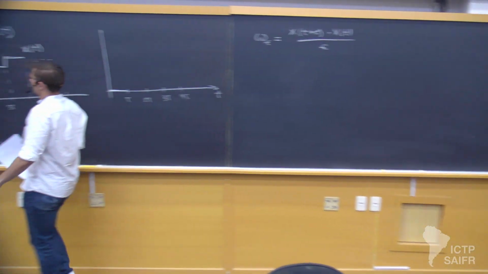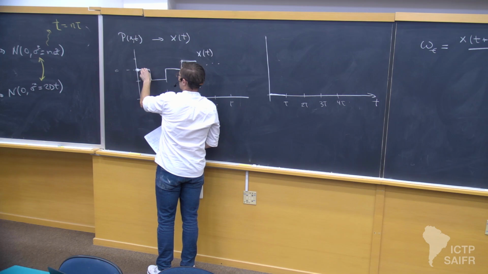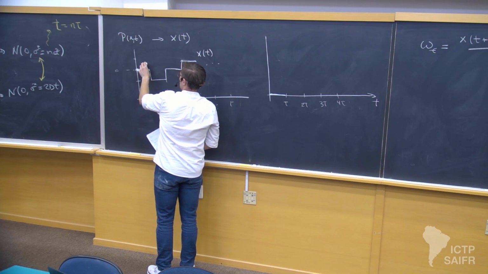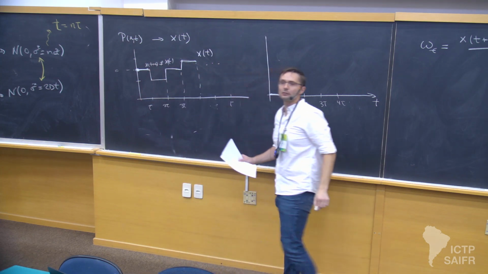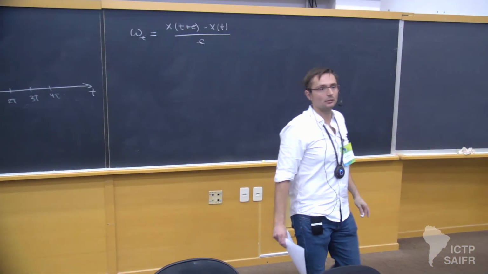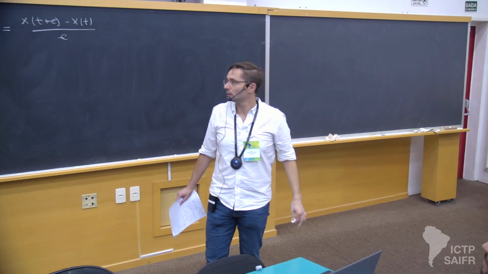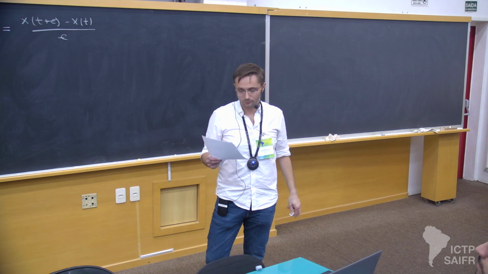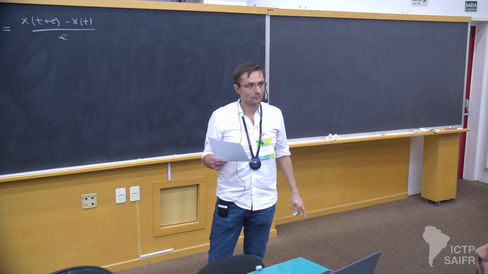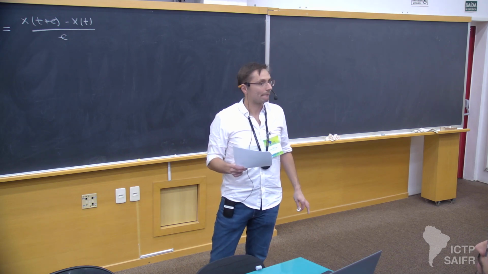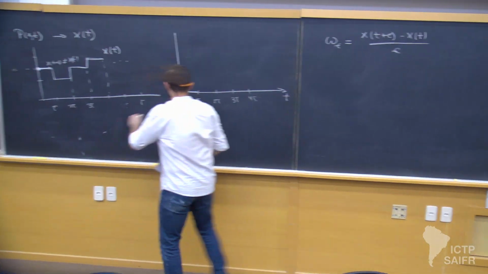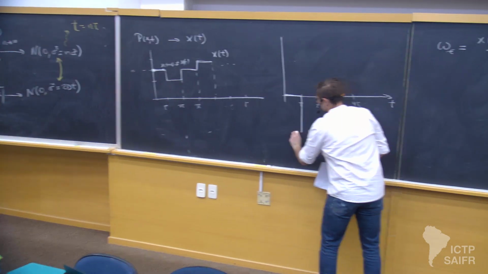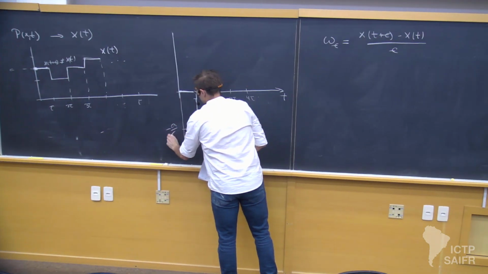Now what happens when I reach a point in which x(t plus epsilon) is different from x(t)? So if I go down, I here will get a peak equal to minus a divided by epsilon.